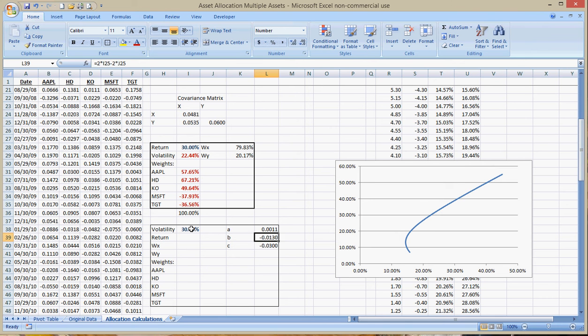And those numbers really don't mean anything to me. I just use them to solve for WX.